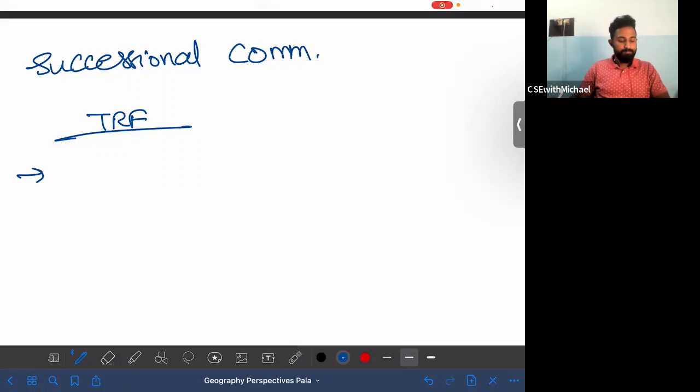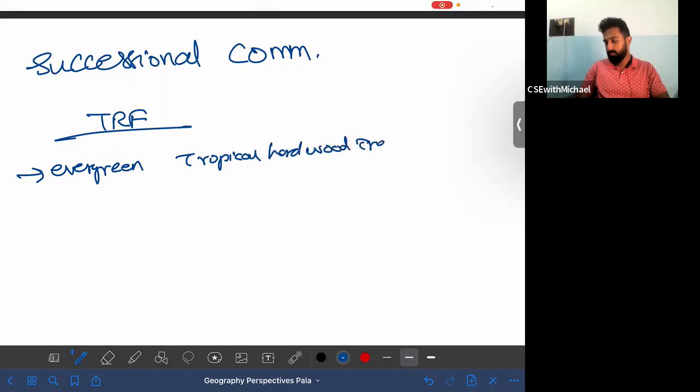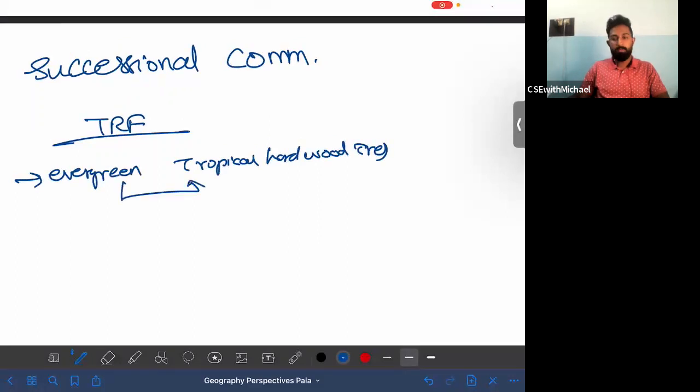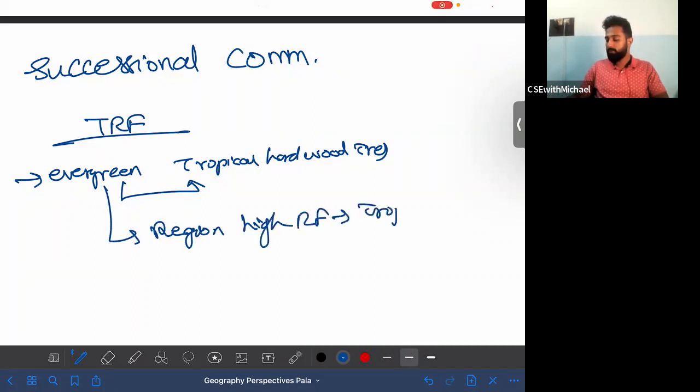They are evergreen forests recognized on the basis of the climax community, that is tropical hardwood trees, as the most developed stage of their communities, which are seen in regions of high rainfall in the tropical region.